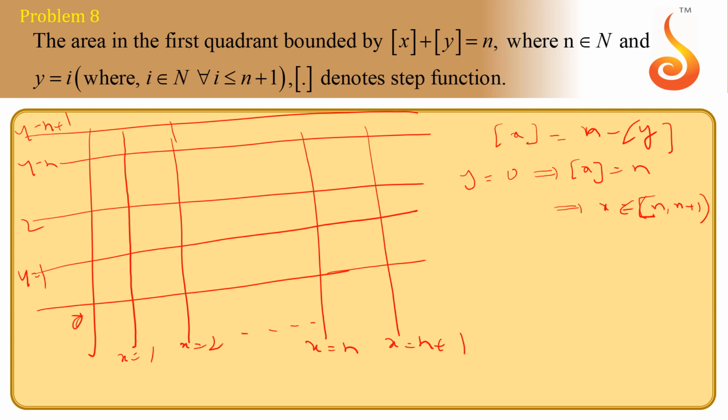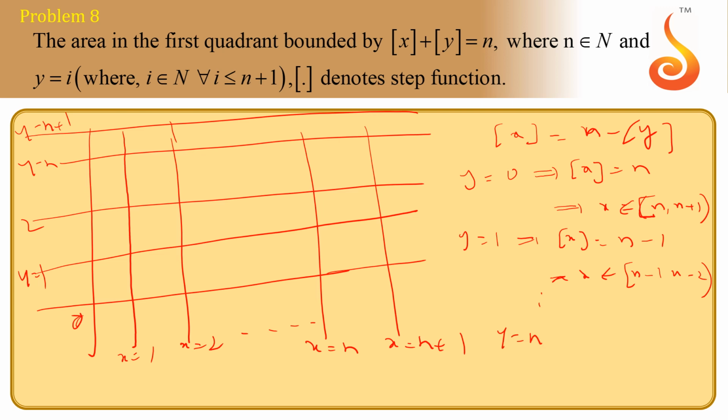So similarly, you go on taking y equal to 1. Then step x will be n minus 1, then x will be closed n minus 1 to open n. When y equal to 1, it should be closed n minus 1 and open n, and so on.